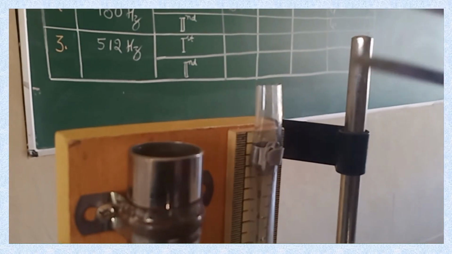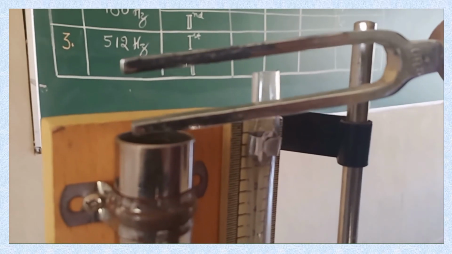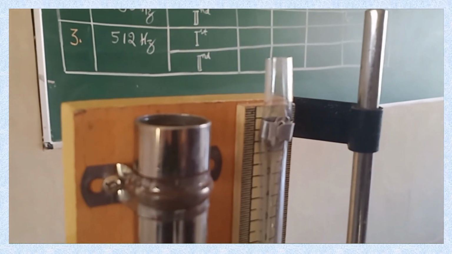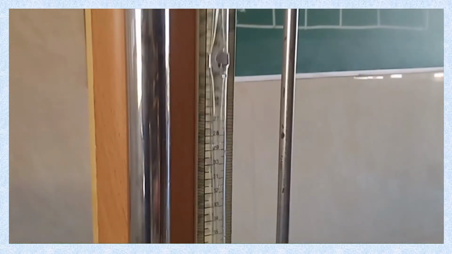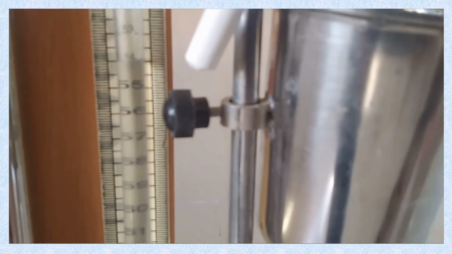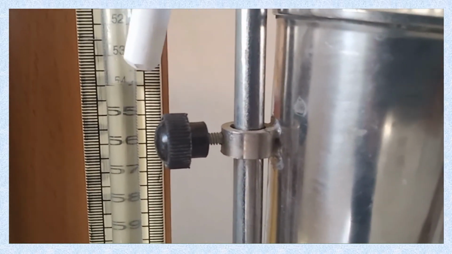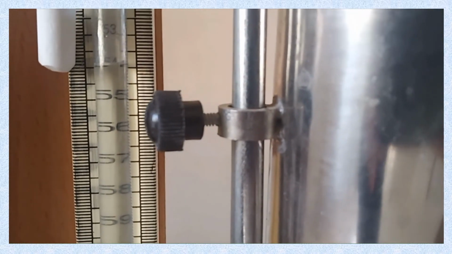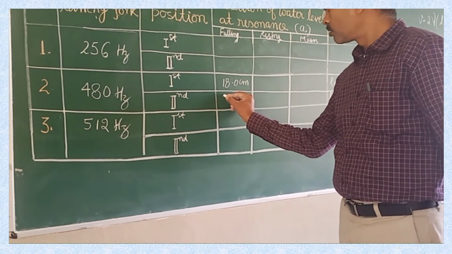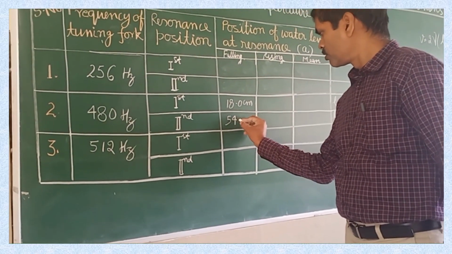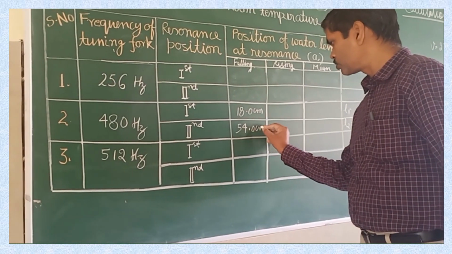Now you can hear a loud sound. Now read this position. This is 54 centimeter. This is the second position. This is 54. Now write down 54.0 centimeter.